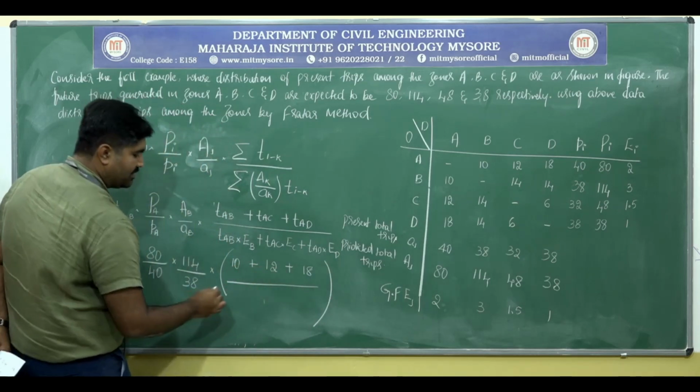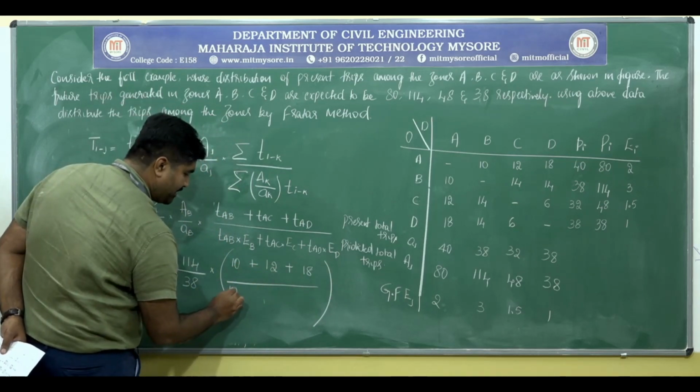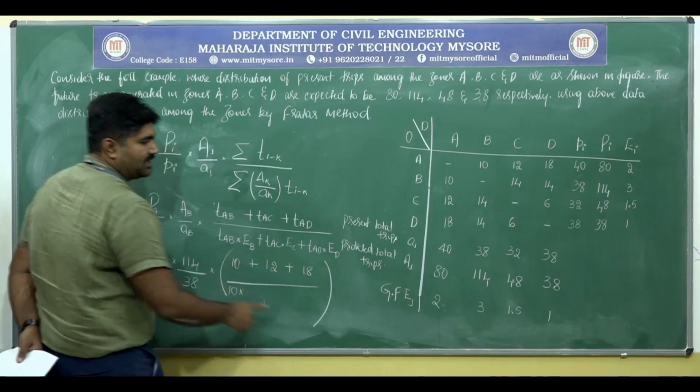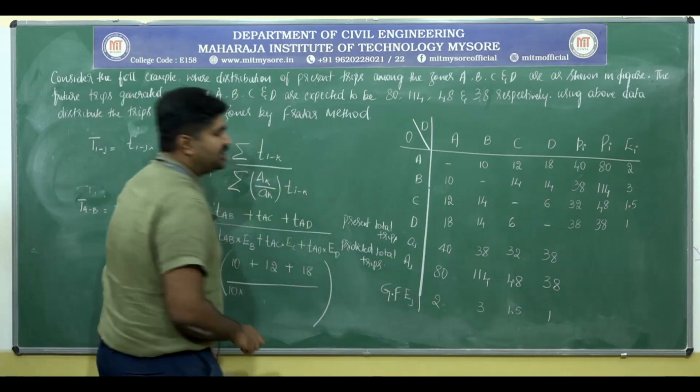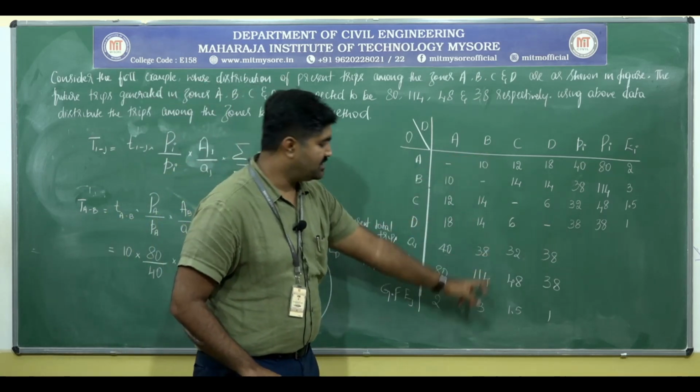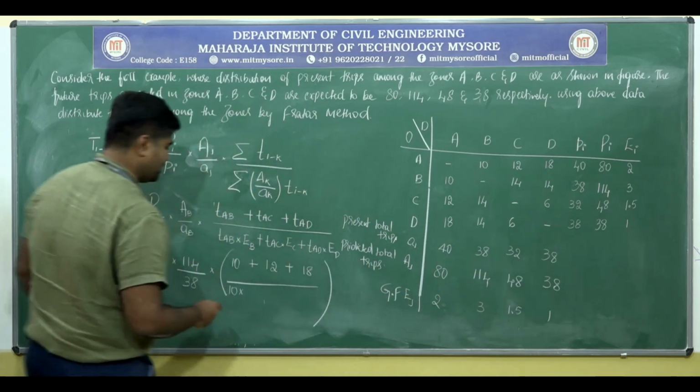Okay, now these trips should be multiplied with the respective attraction growth factor. This is E B, it is attracting from A to B, this is the growth factor, 3.